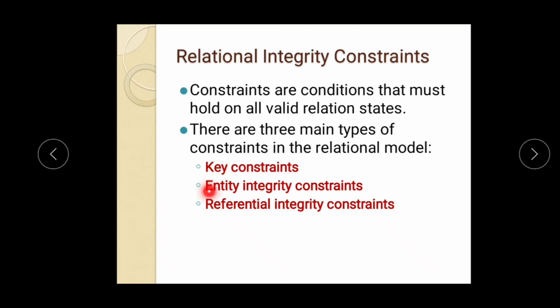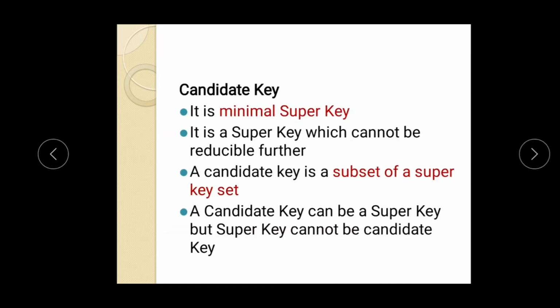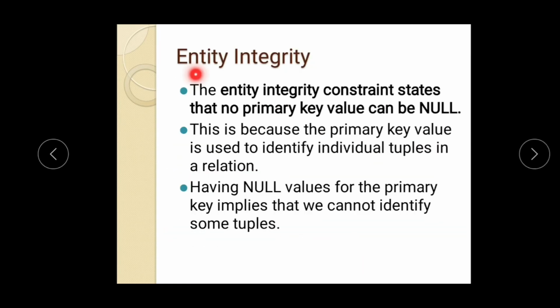Entity integrity constraint states that no primary key value can be null. It is a very easy concept: if we are considering a particular attribute, or a combination of attributes, as a primary key, then that primary key must not be empty.